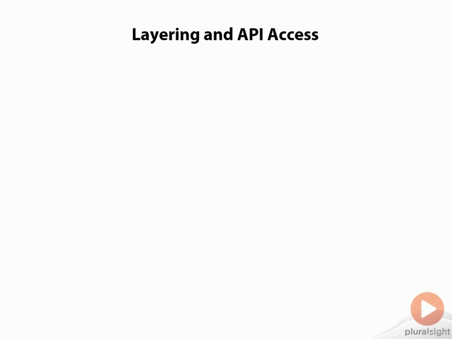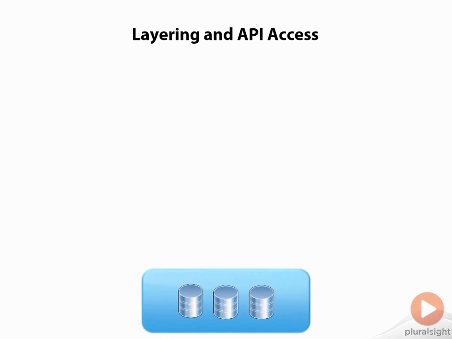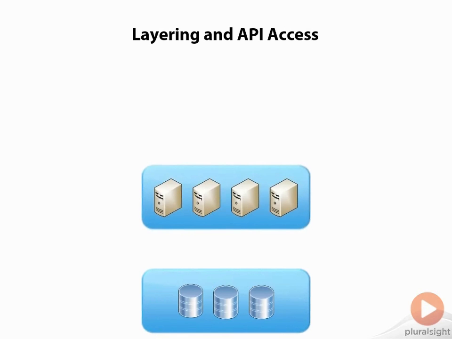So layering, when we look at it in the API world and how we've just described it, we have our very bottom layer. Well, we had some storage down there. In fact, we have a pool of storage. And that's exactly what we create. We've created an abstracted pool of storage resources. Then we have a number of compute resources, which we call a pool of compute resources.